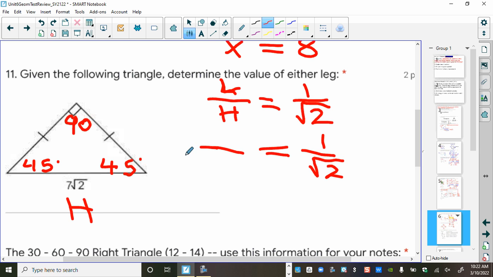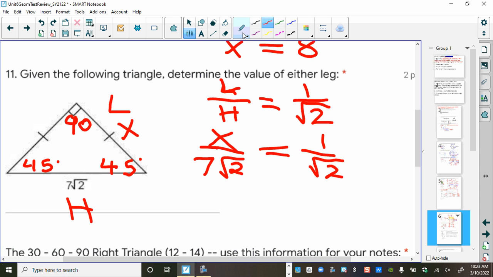The 7 square root of 2 or a variable? Variable. Well, what could we use? It's our leg we don't know. Well, you can always designate it as an x. And then the other one, 7 square root of 2.